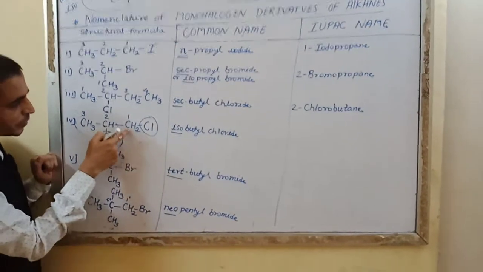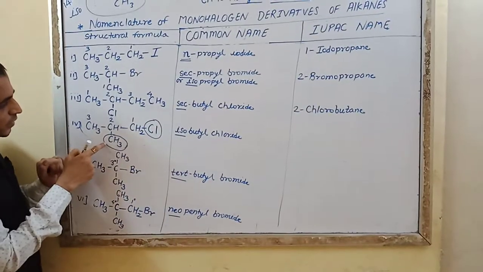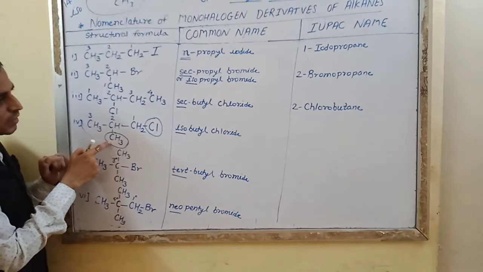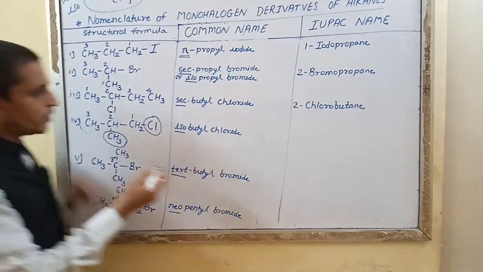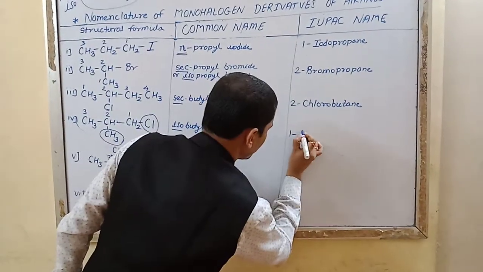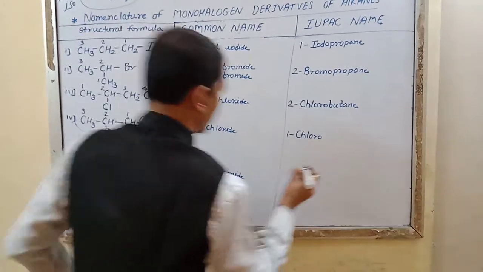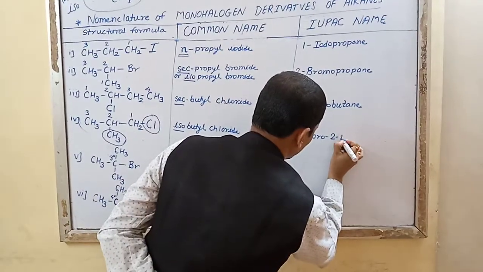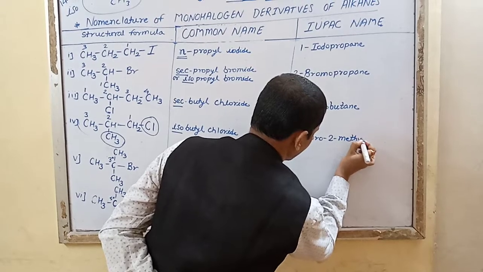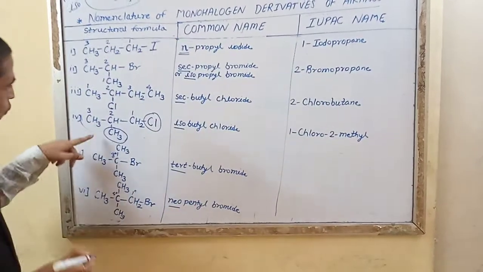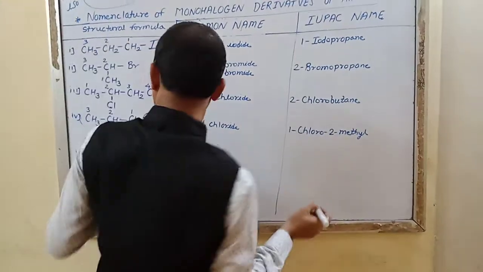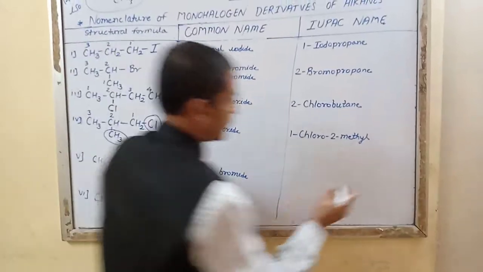Here the chlorine atom is attached to the first carbon atom and a methyl group is attached to the second carbon atom. If you follow alphabetical order, then you get 1-chloro, 2-methyl. The parent alkane is propane.